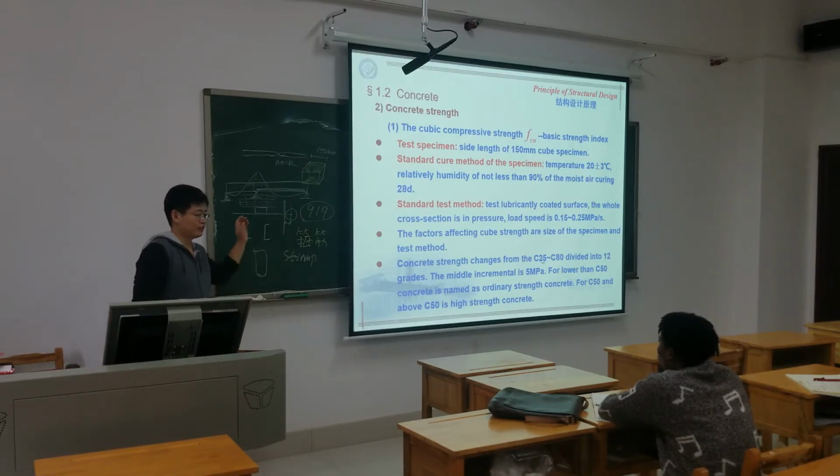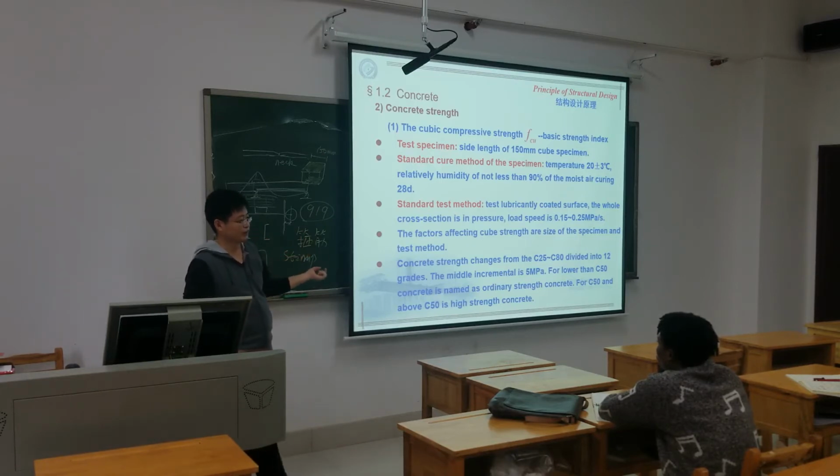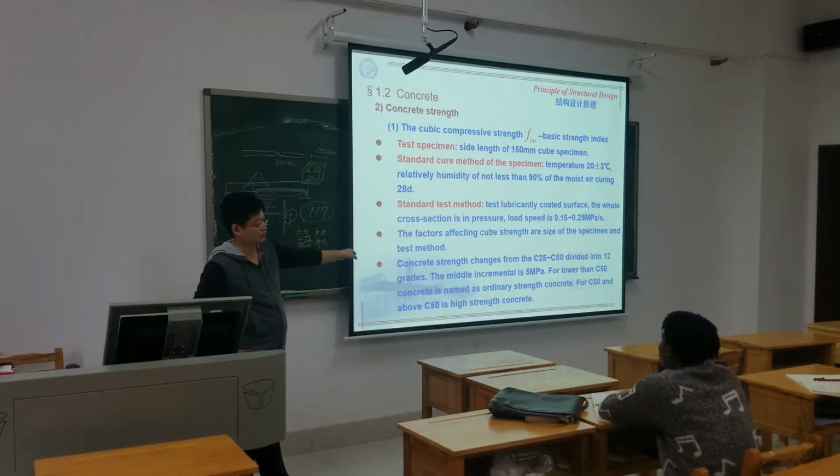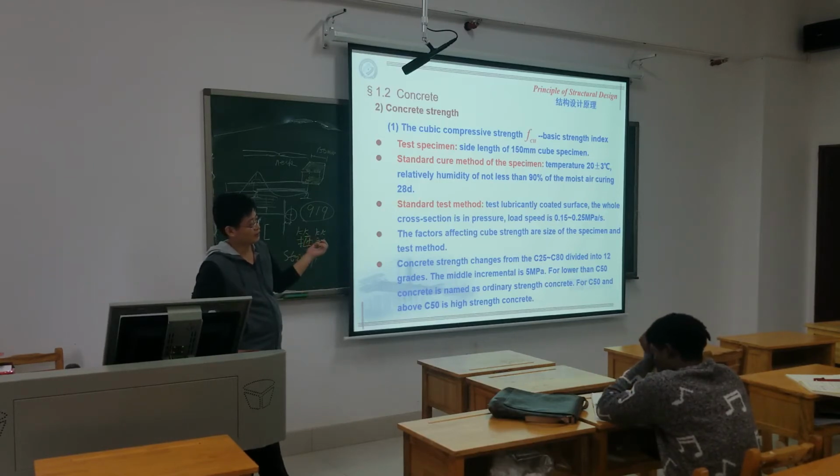How do we design the concrete to get different strengths, such as C25, C50, or C16? How do we get these different compressive strengths? What method do we use? How to design this?